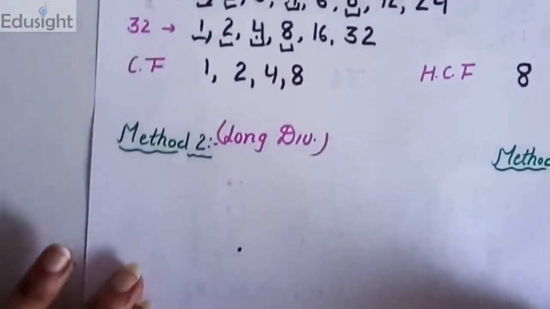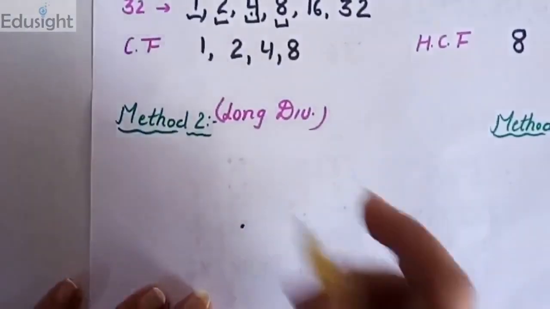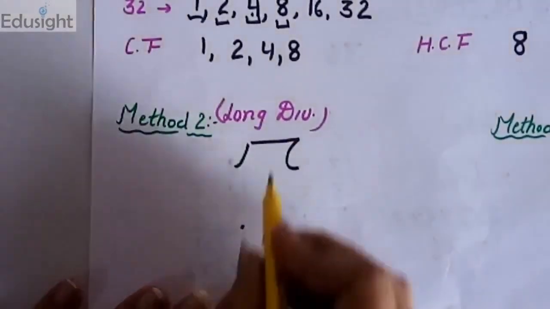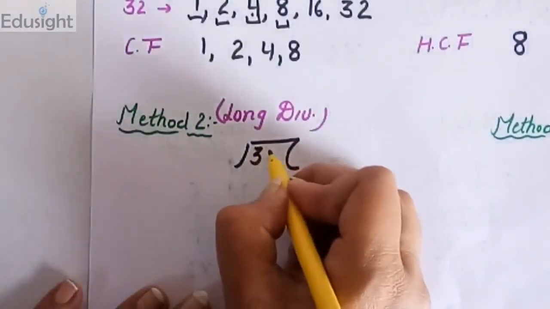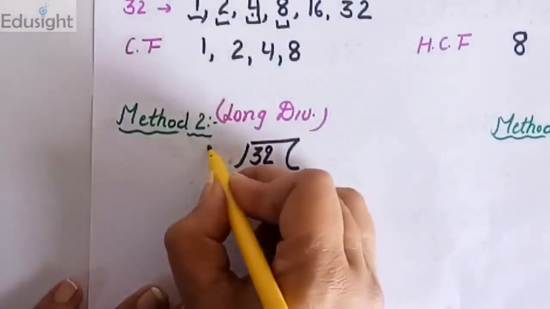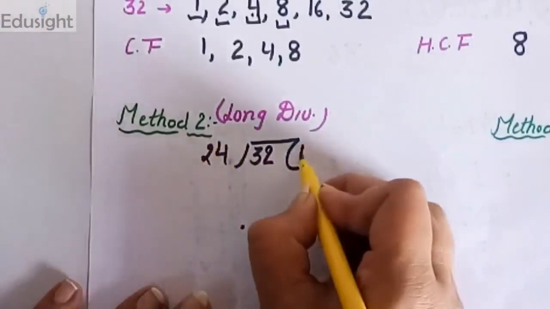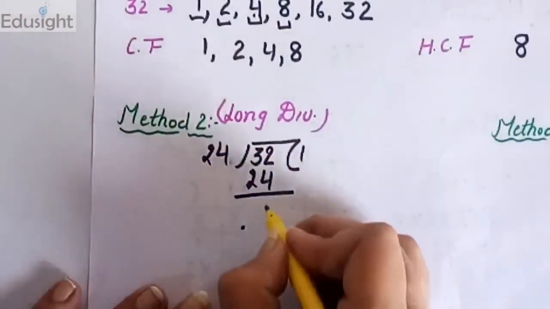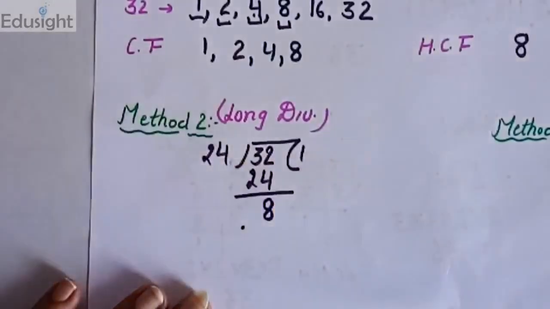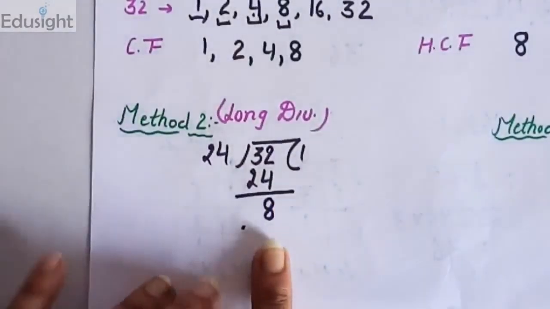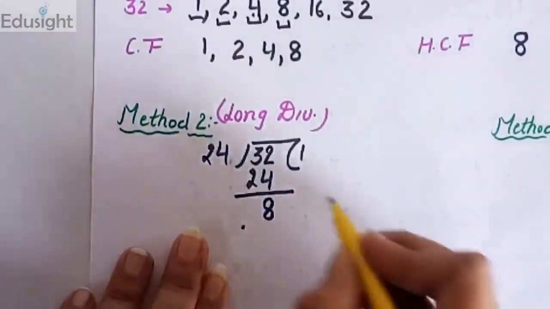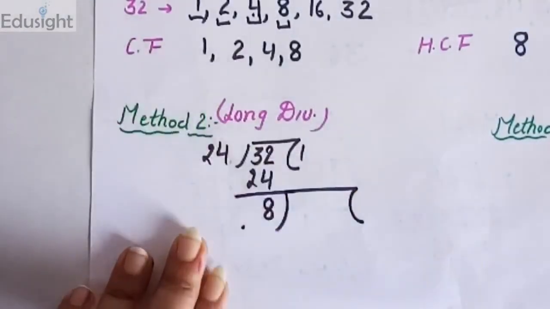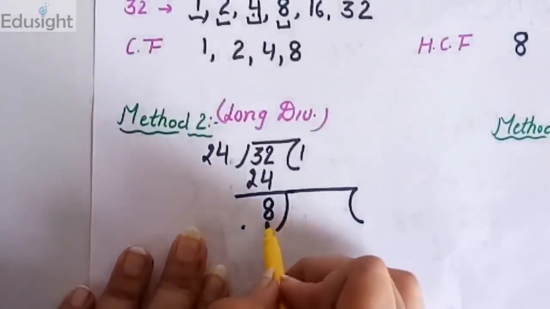Now next, long division method. Now use the division. Keep the greater term inside and the smaller term outside. 24 ones are 24. 32 minus 24 is 8. Now what we have to do? Now 8 is the remainder. So for the HCF, the remainder changes into the divisor.